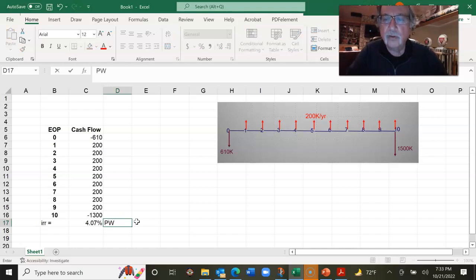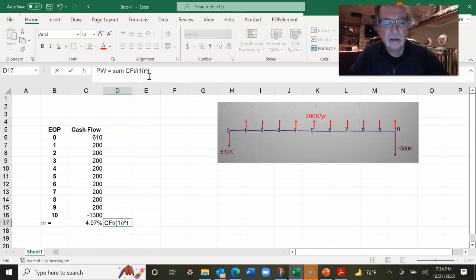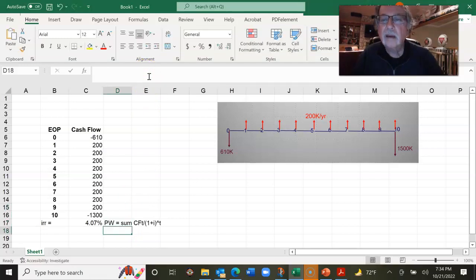The present worth equals the sum of cash flow T divided by 1 plus I to the T. How about if I do this a little bit differently?